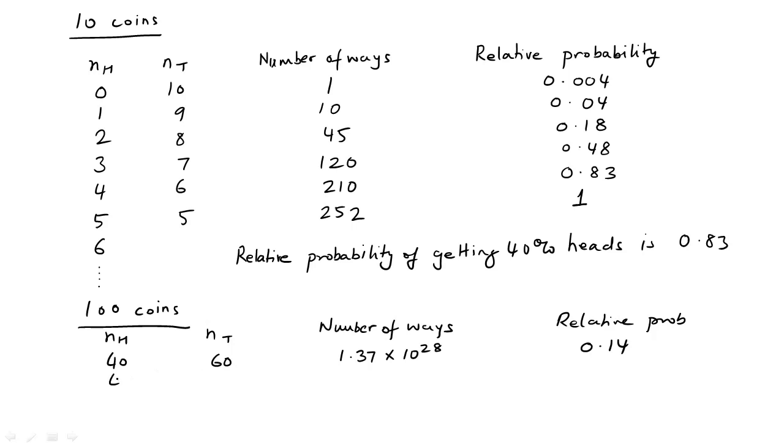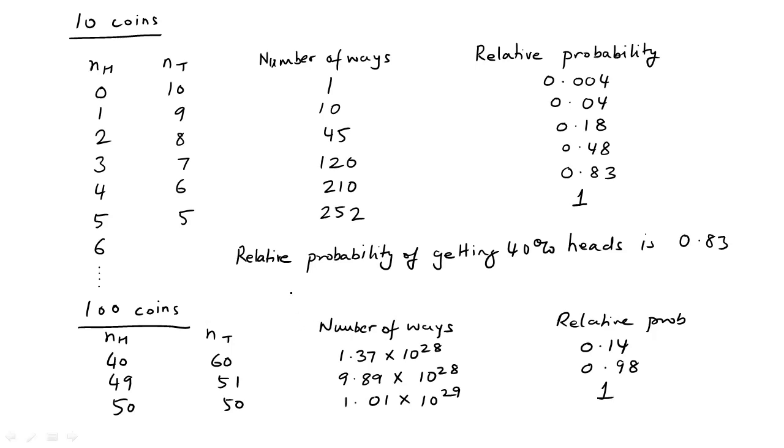The distribution with 49 heads and 51 tails, that is, the one with 49% chance of getting heads, is 9.89 times 10 to the 28 ways. And the relative probability of this is almost that of the most probable distribution. It is 0.98. And for the most probable distribution, 50 heads and 50 tails, here is the number of ways, and by definition the relative probability of this is 1.